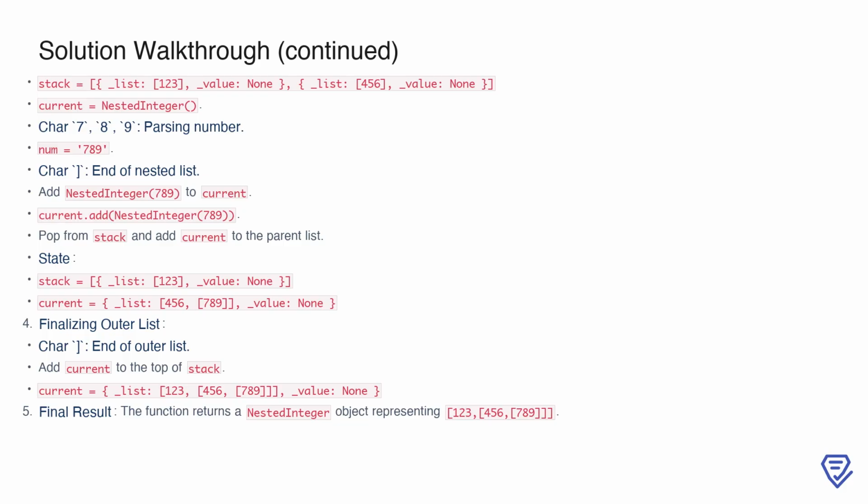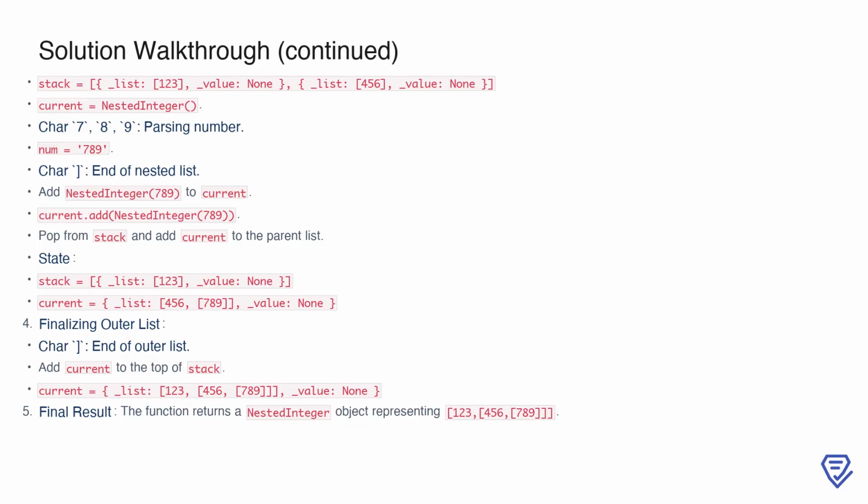Upon encountering the closing bracket, we know the nested list ends. A nested integer object is created for 789 and added to the current list. Next, we pop the top object from the stack, which represents the parent list, and add the current nested list to it. The state now reflects the stack containing _list: [123], _value: none, and current holding _list: [456, [789]], _value: none.